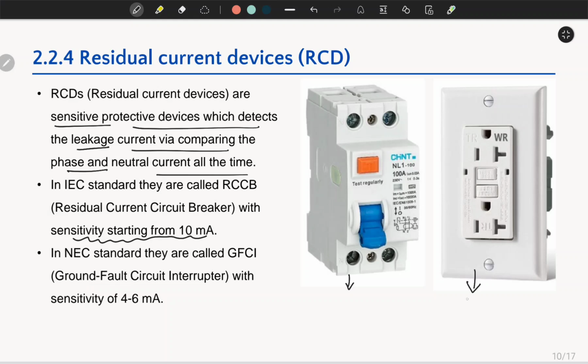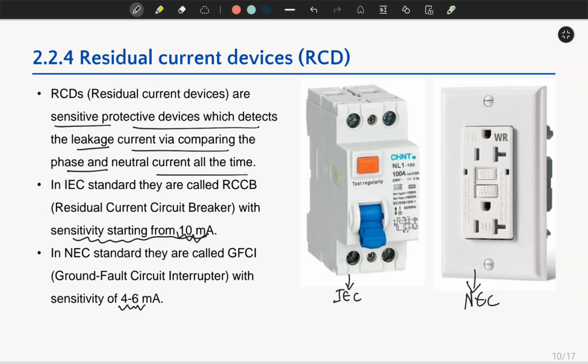And in the case of NEC, these are called GFCI, ground fault circuit interrupter, with sensitivity of 4 to 6 milliamps. Now what does this sensitivity mean? It means the difference in my phase and neutral current. If this much difference is there, they will detect it. So the lower the current, the more accurately it will detect the leakage current.